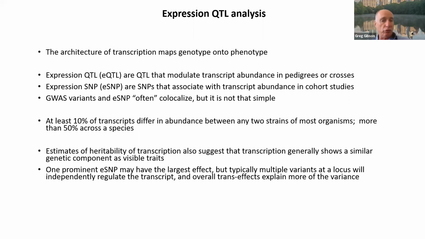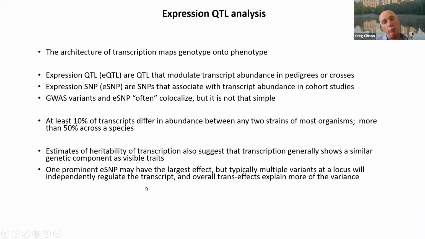And if you ask how much of that is due to many common variants, and how much is due to a single major effect SNP, it turns out that one prominent eSNP may have the largest effect, so it may explain like 60% of the heritability for expression of a particular gene. But typically multiple variants are going to explain that single SNP effect, so it's just capturing variation at different places. We'll see that a little bit later in the lecture.